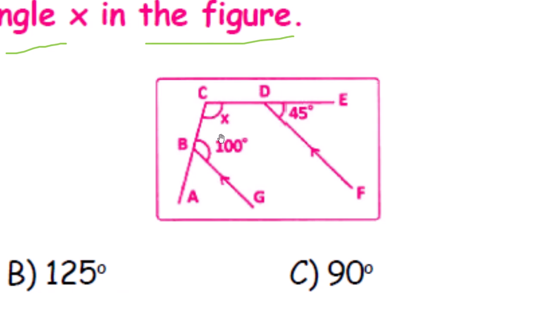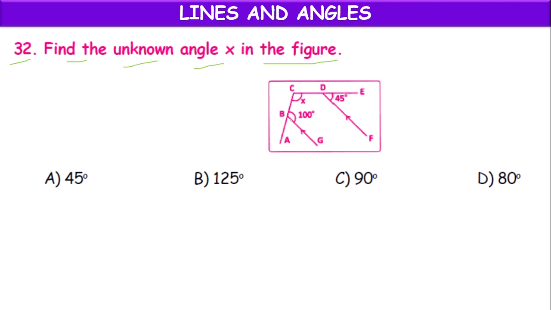So here if you look at the figure, we can observe that BZ is parallel to DF. For finding x, let's do a small construction. From C, we can draw a line which is parallel to both BZ and DF.